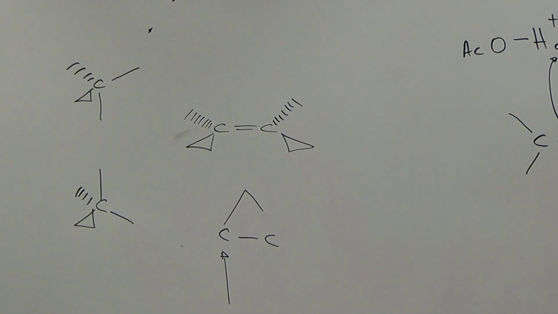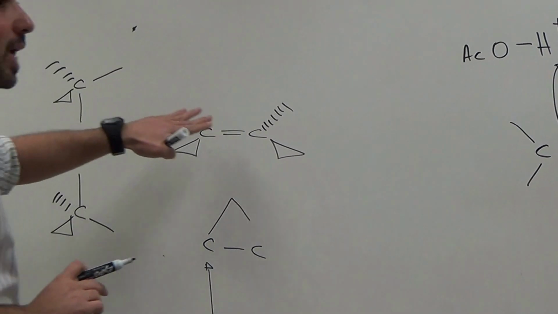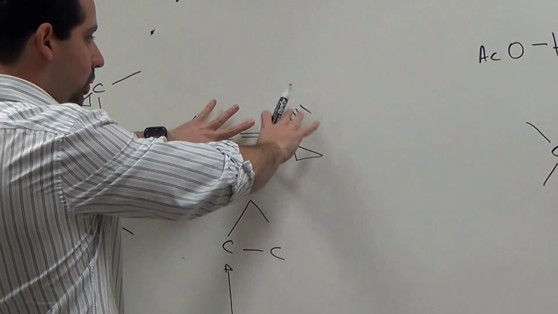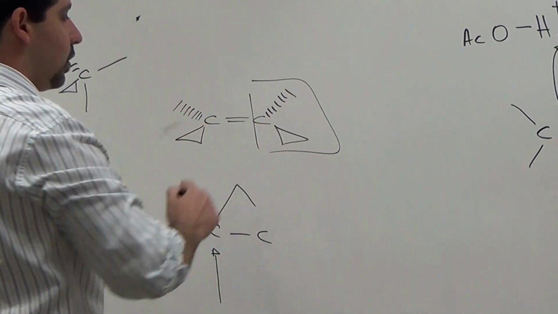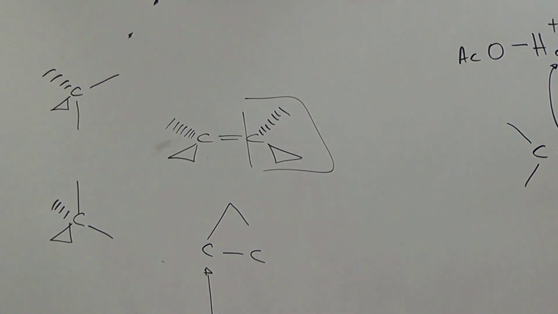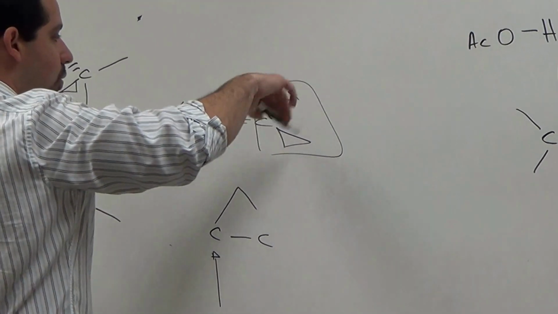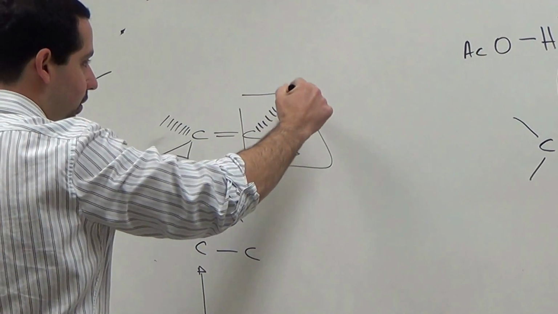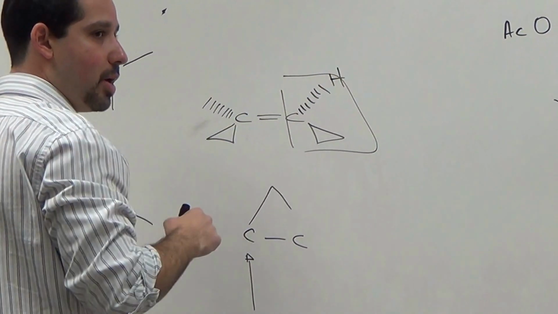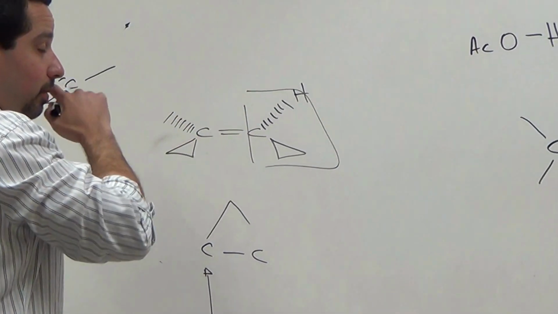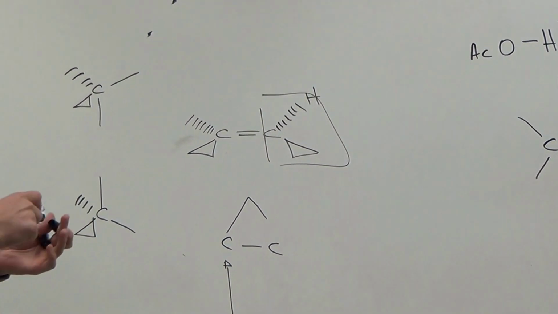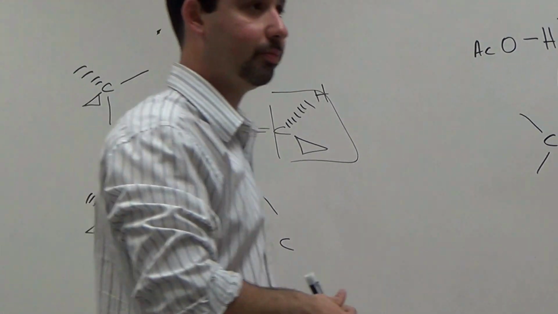Now, the addition will be anti up to that point, and then after that, I don't know what's going to happen on this side of the double bond, yes? Most of the time, this side of the double bond, I will not make it chiral. So one of these will be a hydrogen, yes? Otherwise, you don't even know where it is going to be added. I don't know if you know Markovnikov or not.